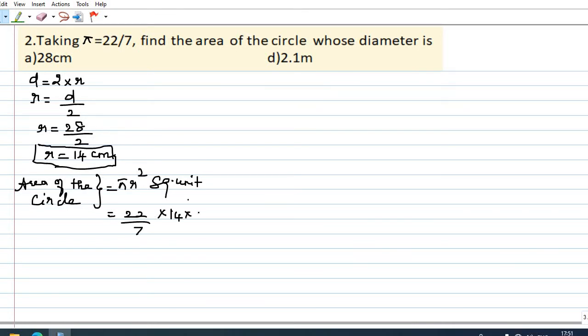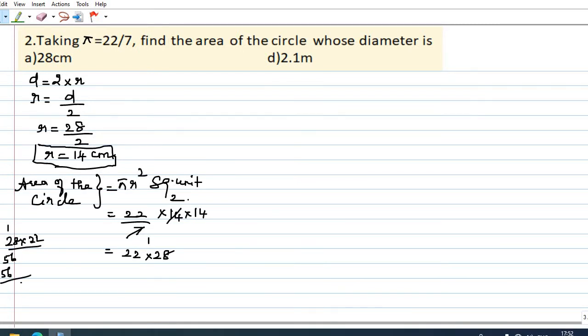14 into 14. 7 ones are, 7 twos are. Now listen children, 22 into 14 twos are what? 28. Just you can do this in the rough column. See, what is that? 28 into 22. 8 twos are 16, balance 1. 2 twos are 4 and 4 plus 1 is what? 5.